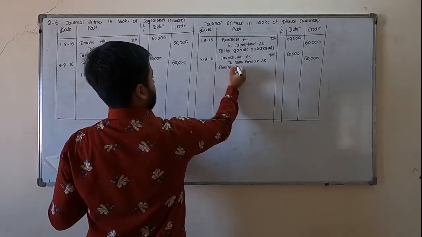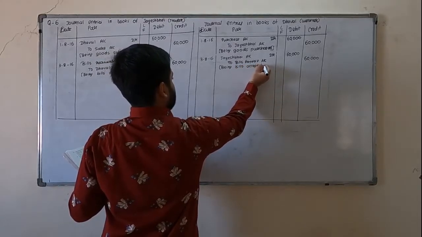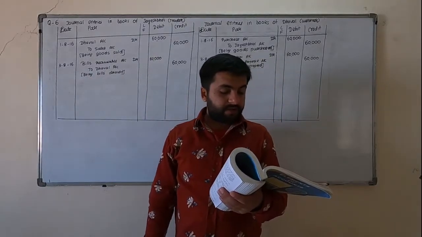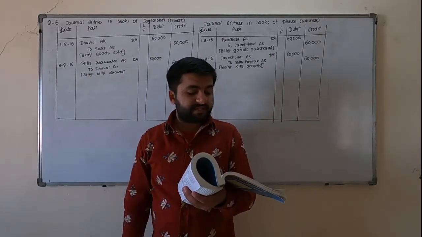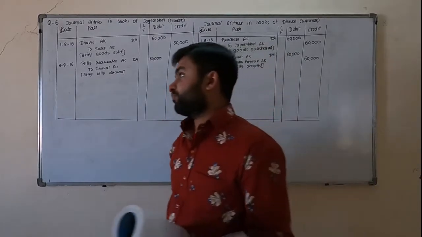Being bills accepted. Now what? Now on 6/8/16, Jayesh Bhai is discounting the bill with the bank at 10% per annum.